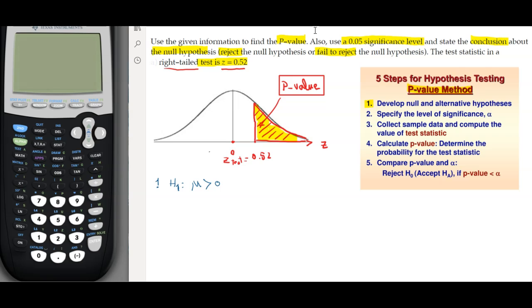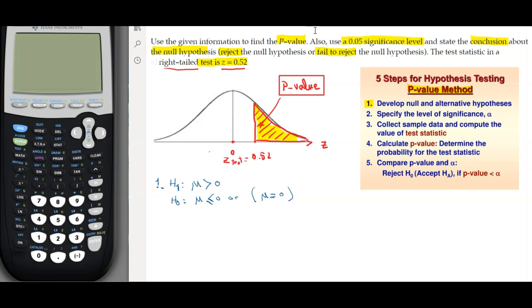Now h0, which is the null hypothesis, is going to be the complementary statement, or the opposite statement. So this is going to be the mean less than or equal to 0, or in some books they state the mean equals 0. What we have to keep in mind is that h0 always has an equal sign in the statement.